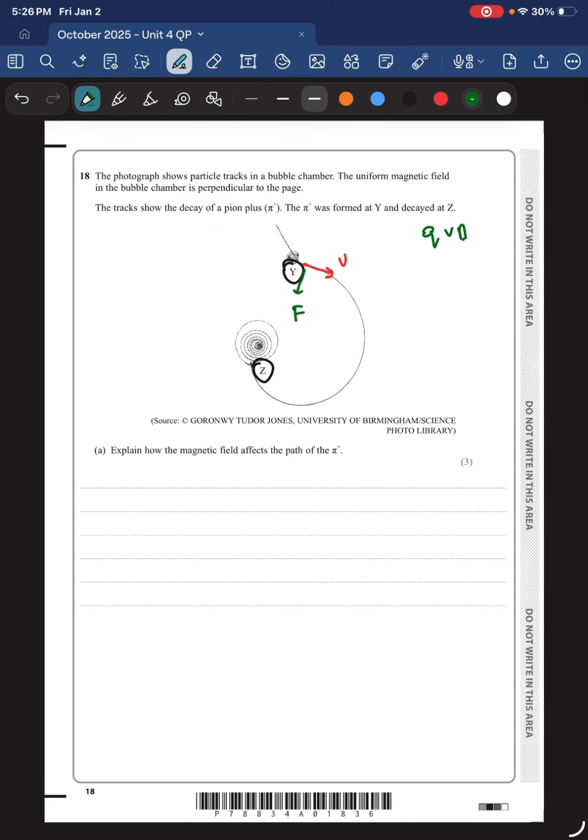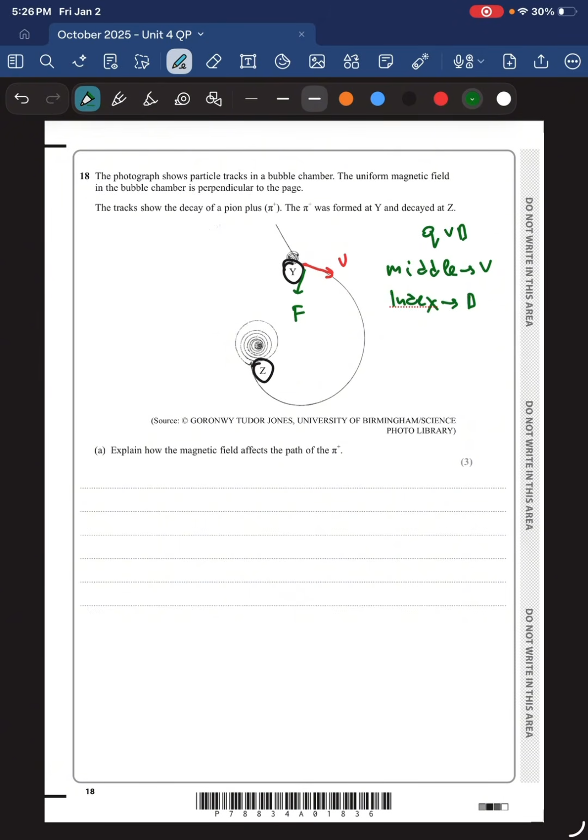I feel like I'm all over the place today. I'm sorry about that. So the middle finger is in the direction of V, the index finger is in the direction of B, and then your thumb shows you the direction of the force. Since the force is inwards, we place our thumb in the direction of the force.